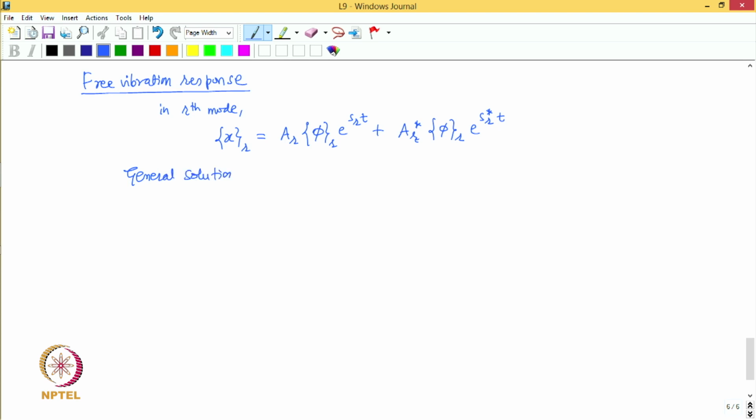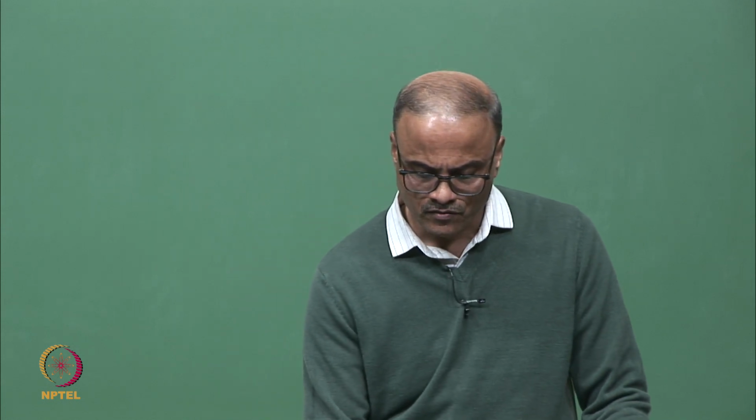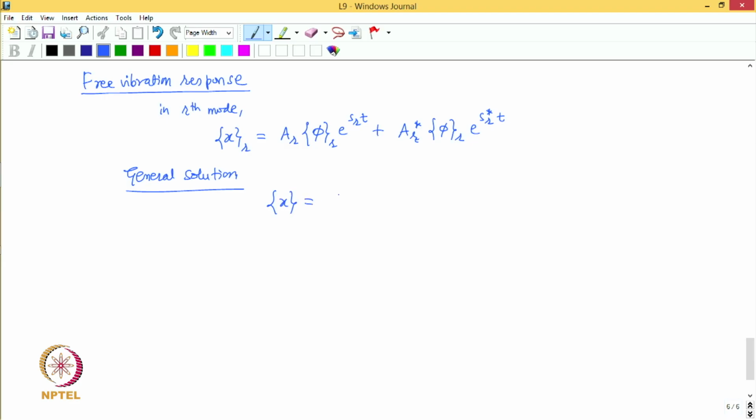the general free vibration solution would consist of a linear combination of free vibration in each of the modes. So, all the modes need to be linearly combined, and hence we can write this as x is equal to A_r phi_r e to the power s_r t plus A_r star phi_r e to the power s_r star t, with r varying from 1 to n.